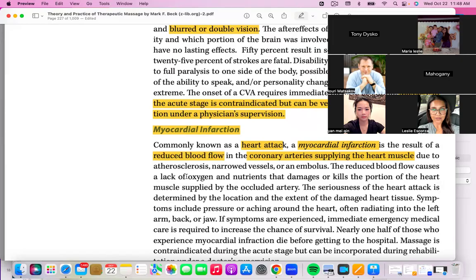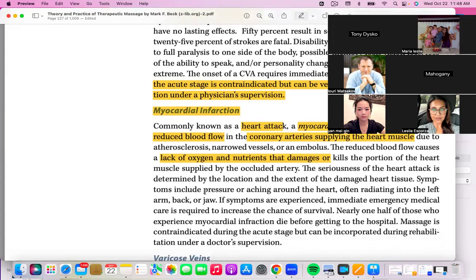There's going to be a lack of oxygen and nutrients from the blockage, which then the body can't pump, the circulation stops, and slowly the muscle starts to die. So the seriousness of a heart attack is determined by the location and the extent of the damaged tissue.